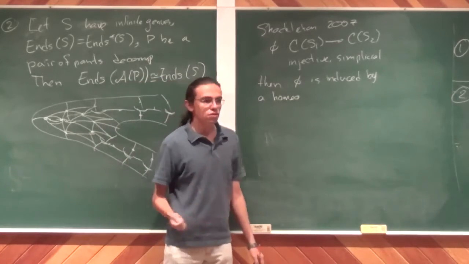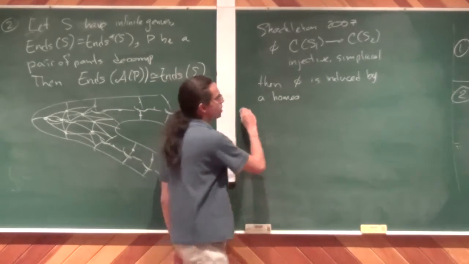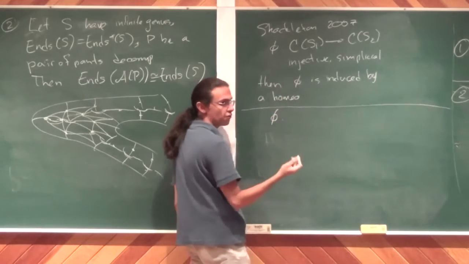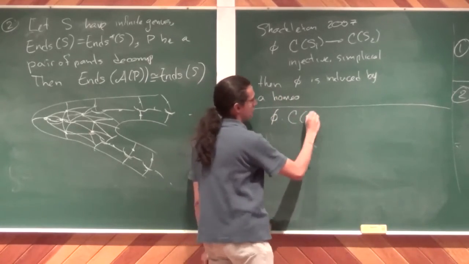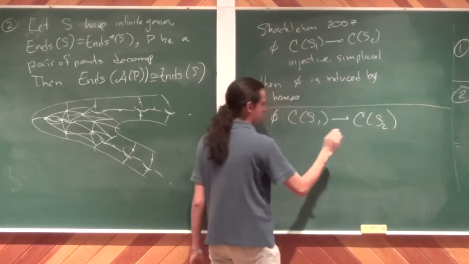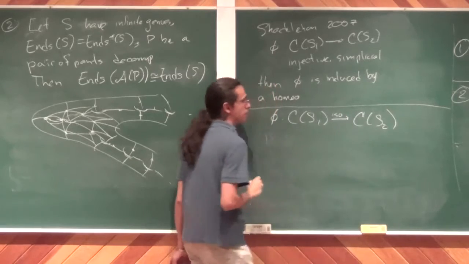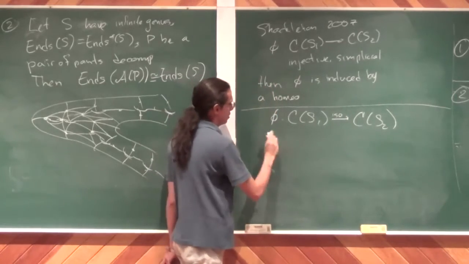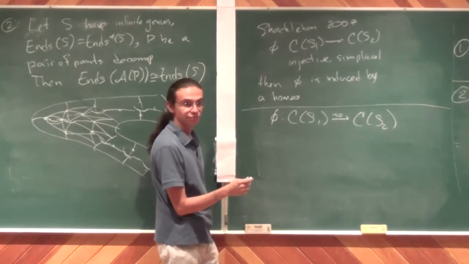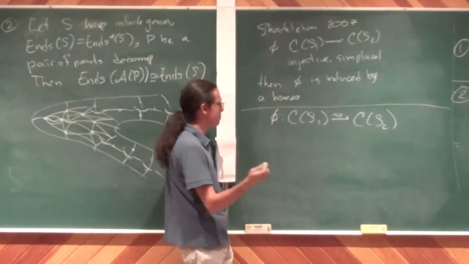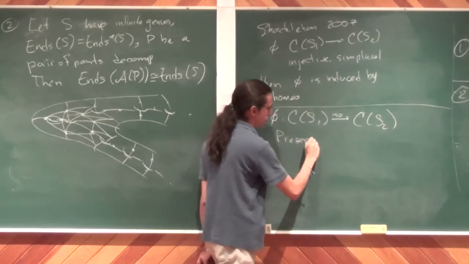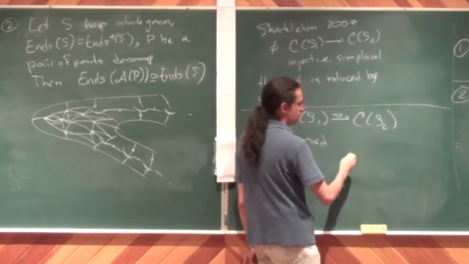Well, we tried to do something similar. We started with, okay, we have an isomorphism from CS1 to CS2. And we proved that it behaves nicely. And by nicely, I mean that it preserved, in a certain way, the pants decomposition.